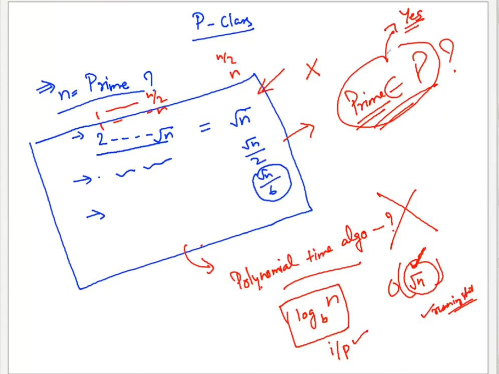But proving that prime is in P is a complicated algorithm, but yes, the prime problem is still in P. But not because of the algorithms that you have developed or implemented. All those algorithms are actually exponential time algorithms. Is it clear to everyone? Or does anyone have any question?